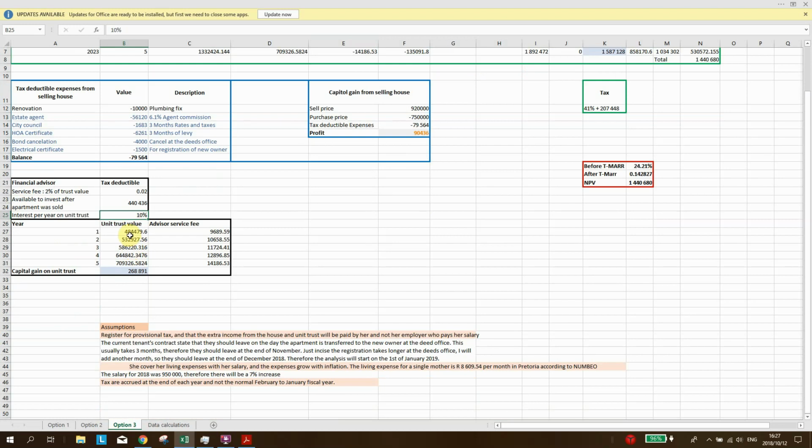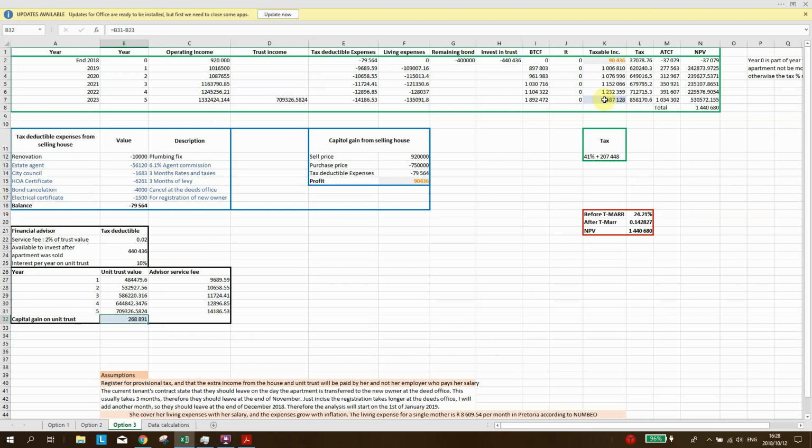The advisor invested it in a low risk trust, and here you can see the values for the advisor's fee and the unit trust value after 5 years, and then the capital gain that I got from the unit trust can be seen here.